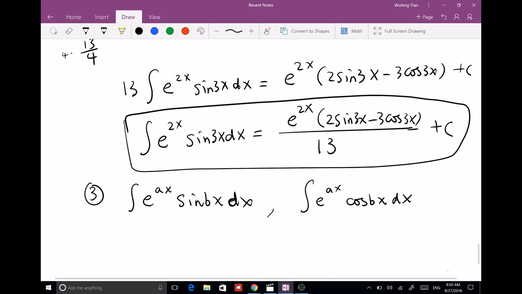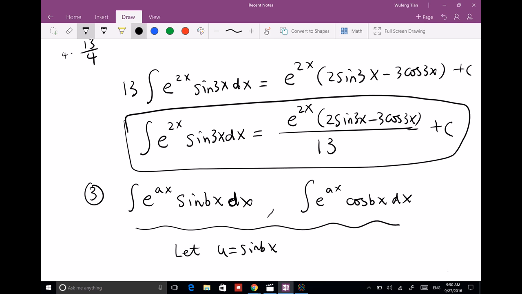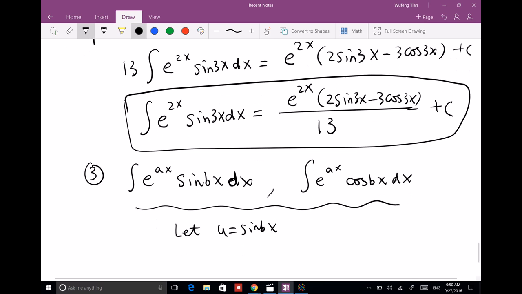Whenever you have those two integrals, you let u equal the trig part, sine bx, because if you differentiate twice it goes back to itself again, and dv equals e to the power ax dx. Use the tabular method. You can finish it that way. That's the whole section of the tabular method.